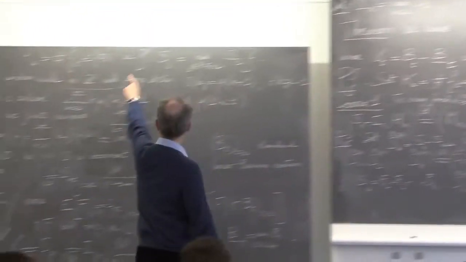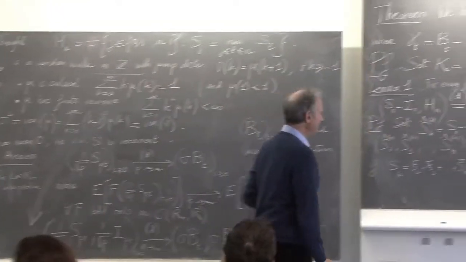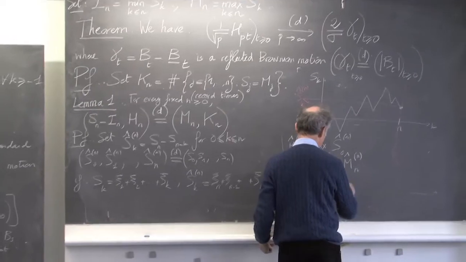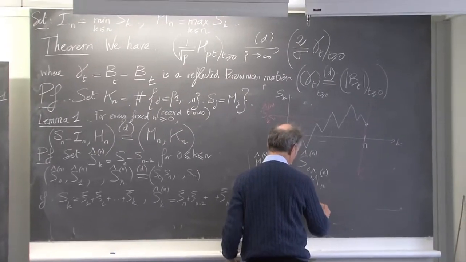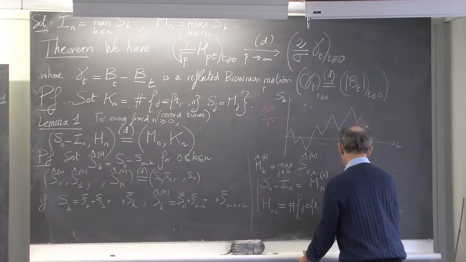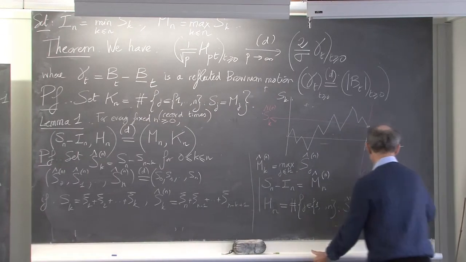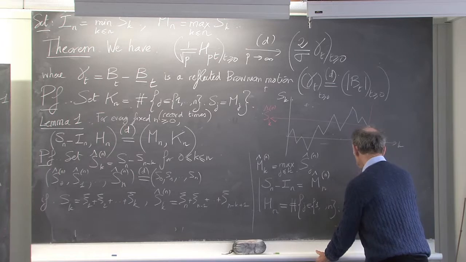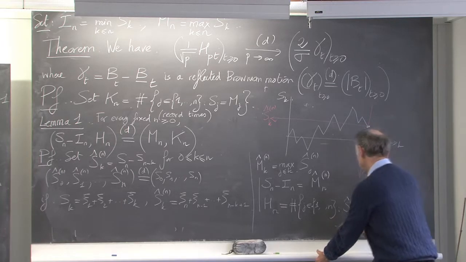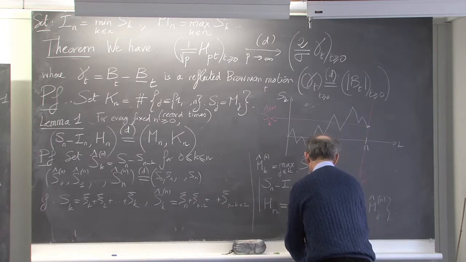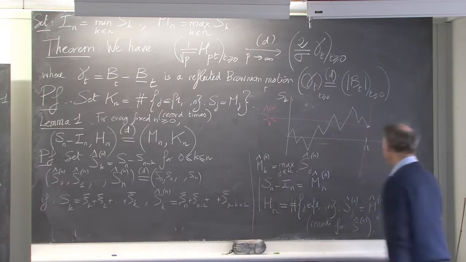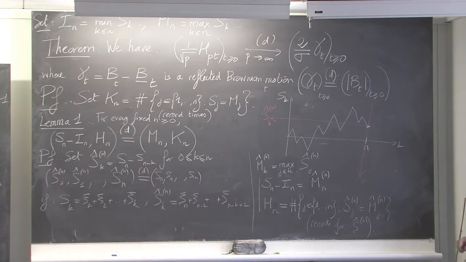So Hn is this quantity, and I claim that this is also the number of j belonging to 1 to n, such that the random walk at time j is equal to its maximum up to time j. So if you want, these are the records, but for S hat n. Okay, so why is this true?